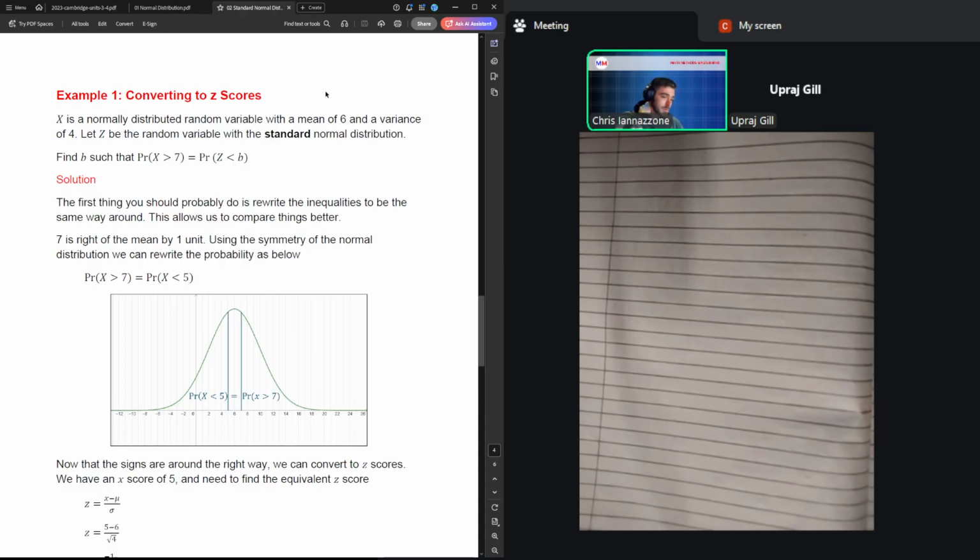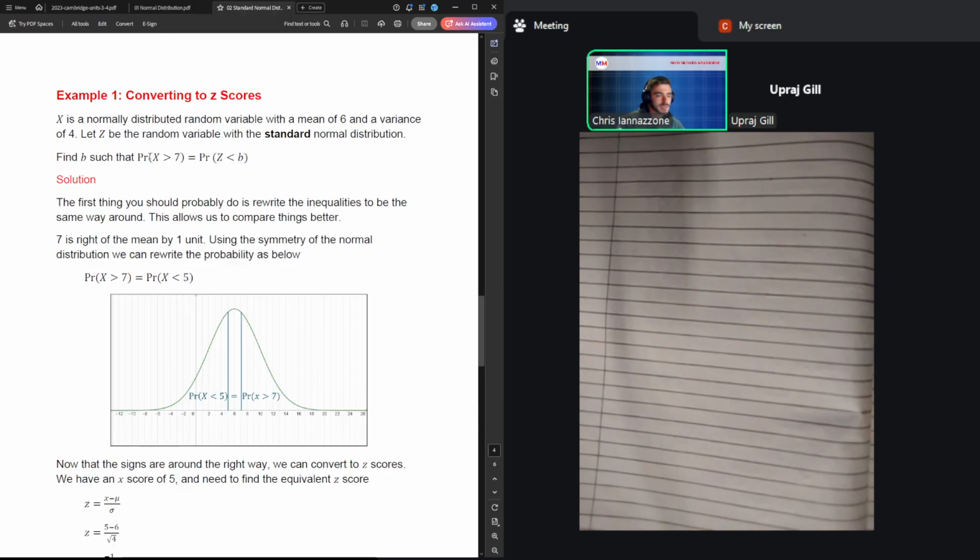Because there is a way to get from the regular normal distribution to the standard normal distribution, or vice versa, you can always draw an equivalence between them. So right now I have a probability in terms of x, which is equal to a probability in terms of z. That's what I'm told. And my goal is to figure out this value here, b.